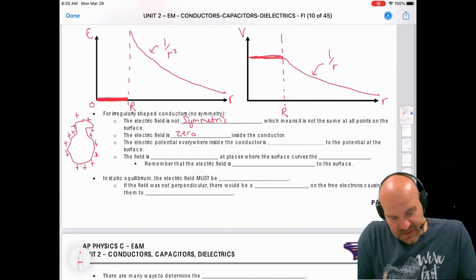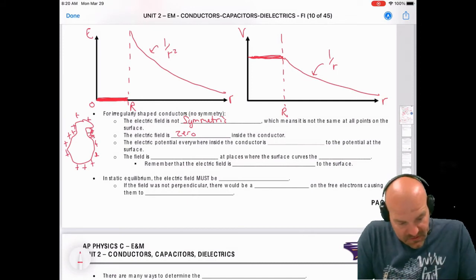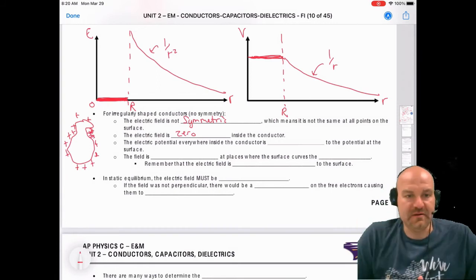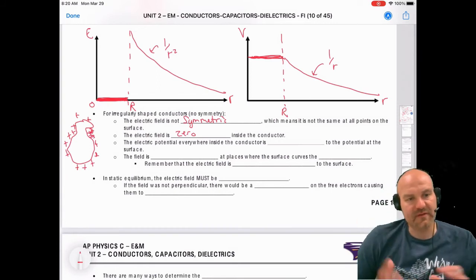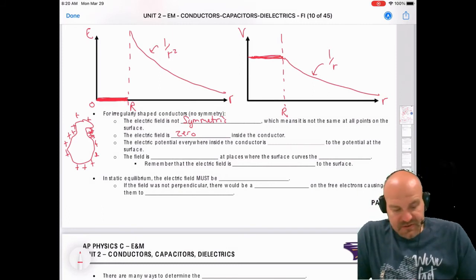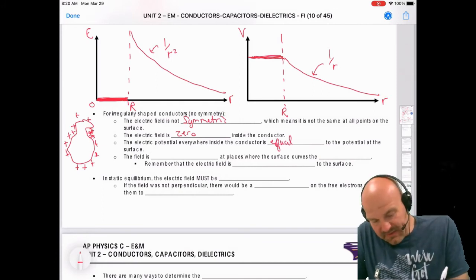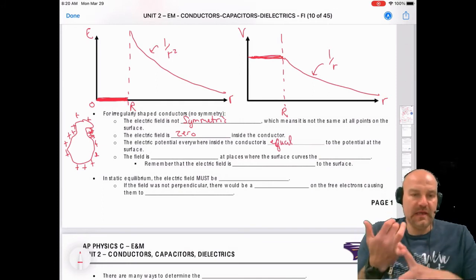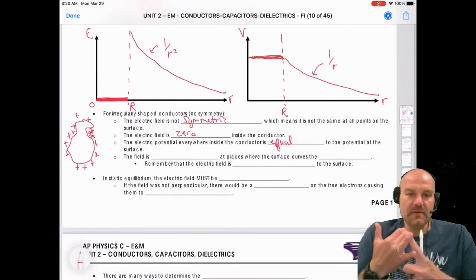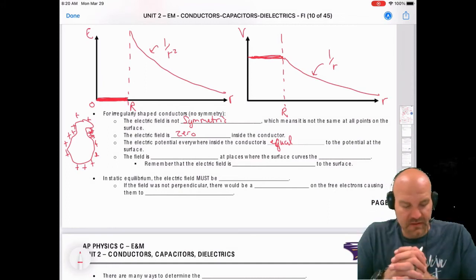But what you'll notice is that because the field is perpendicular to the surface, if you look here, you're going to have all this stuff mashing together, right? And so sometimes it may cancel out, sometimes it may build, right? So the electric potential everywhere inside the conductor again is equal, right? Anytime you talk about a conductor, the E field inside is always zero, and the electric potential is always equal to whatever the potential is.